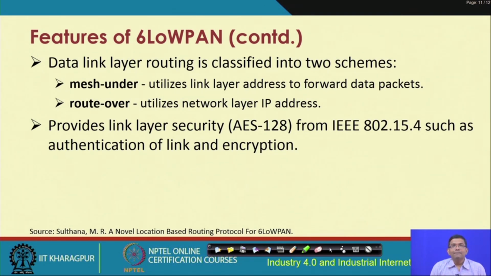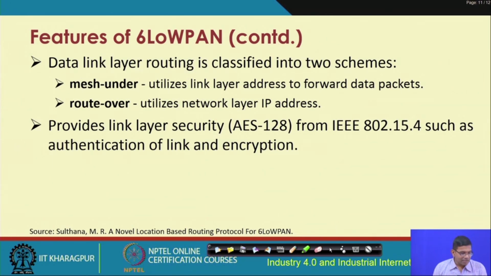Route over basically utilizes network layer IP addresses. So, mesh under and route over are two different schemes that are used in the data link layer for 6LoWPAN. And one more thing is that AES 128 link layer security is used.